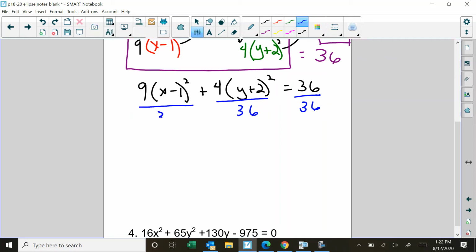And this is where I was talking about how important the 9 and the 4 were being brought back down into the equation. So we simplify these.